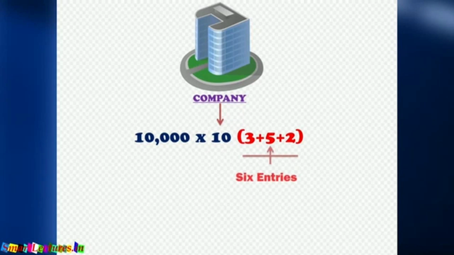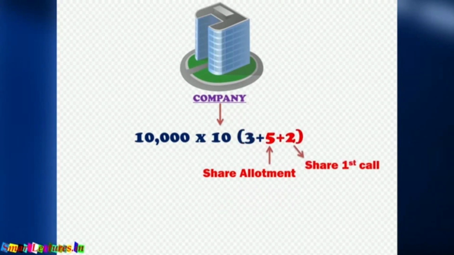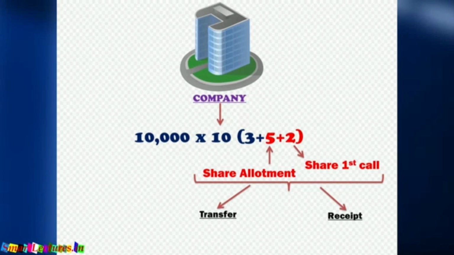So let's start the journal entries. Bank account debit to share application account, share application account debit to share capital account. And the amounts will be 10,000 into 3, 30,000 rupees, because there are 10,000 shares and 3 rupees is the application money.